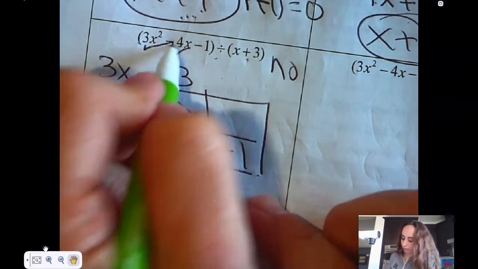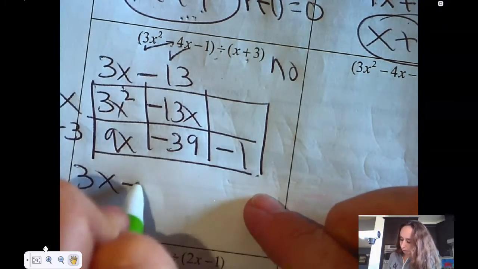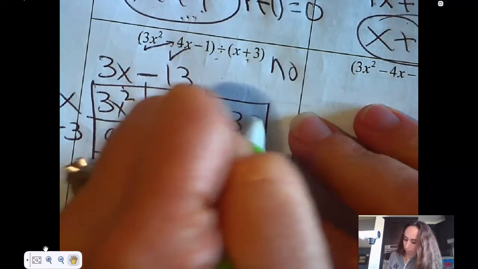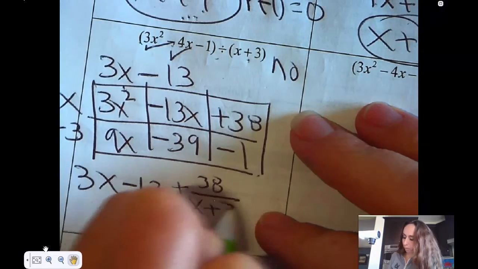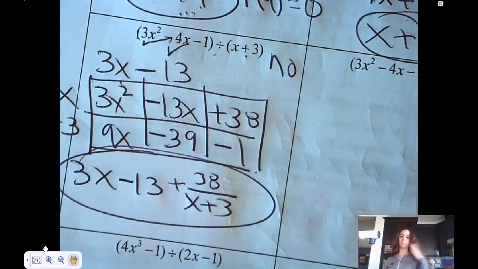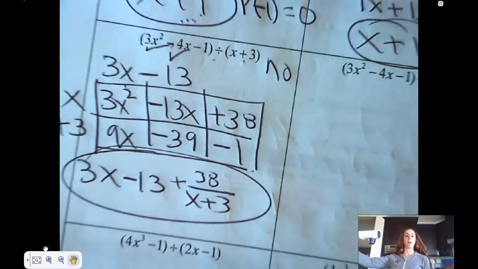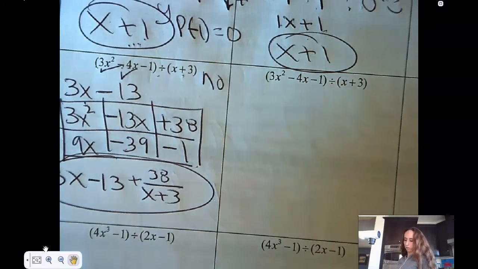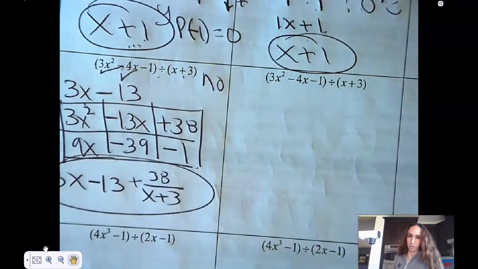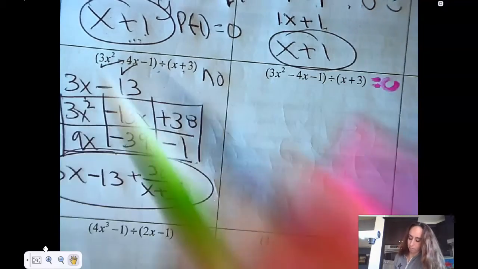If I asked you to divide this divided by this, your answer is 3x minus 13 plus 38 over x plus 3. Okay? Now, if I was doing synthetic division, first thing I do, set this equal to 0.